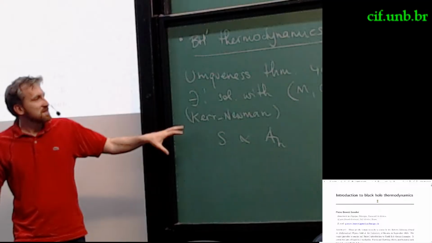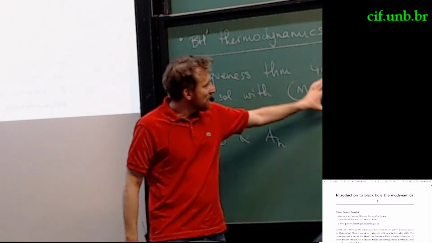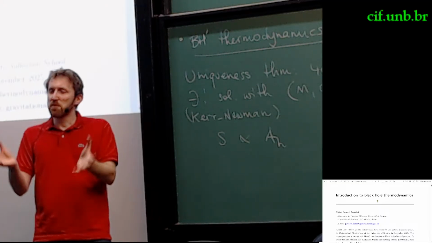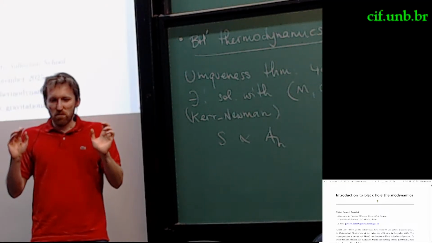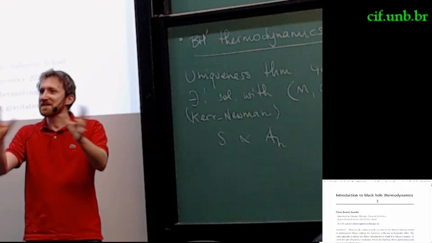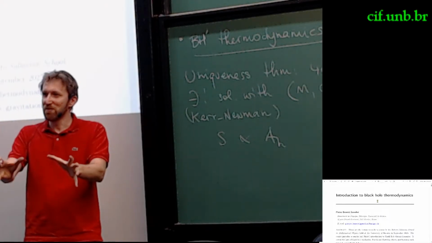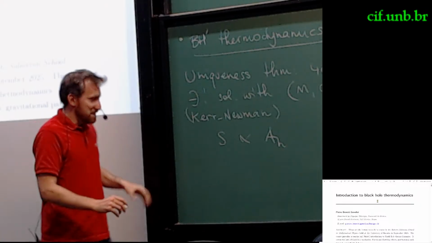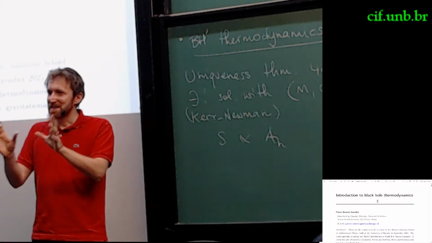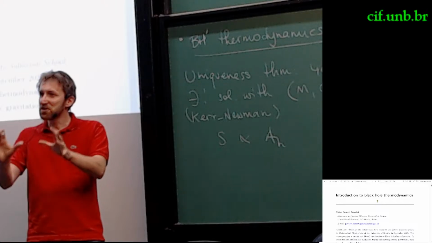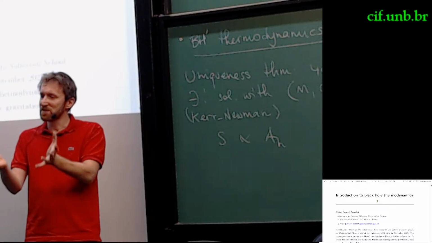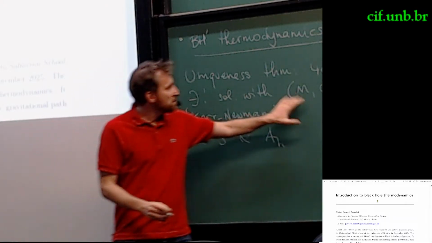So in this sense, given a mass, a charge, and an angular momentum that defines the black hole, the entropy of the black hole is the notion of how many states are in the black hole and that we don't know the details of. This is not how we phrased it, but that's the idea. It's a measure of the size of the equivalence class of black holes that have these parameters.